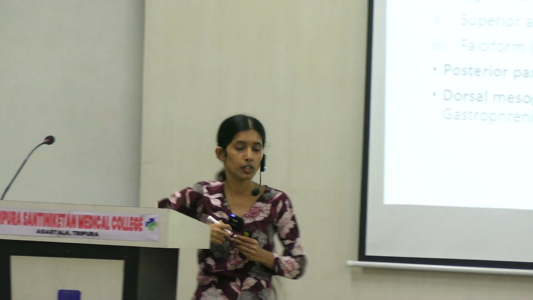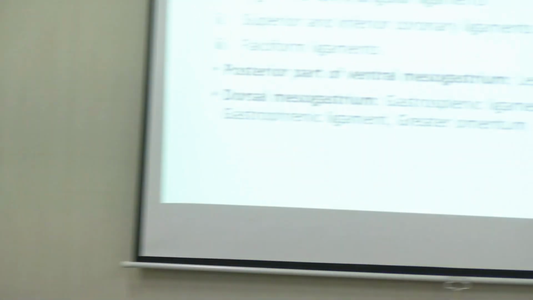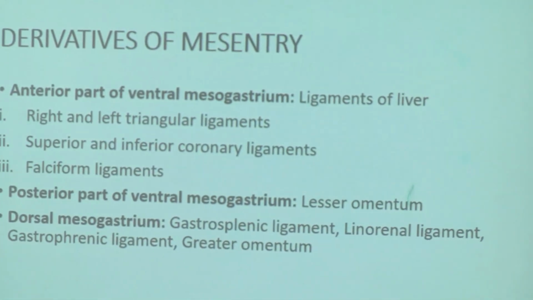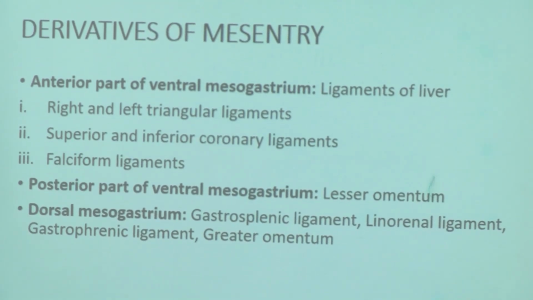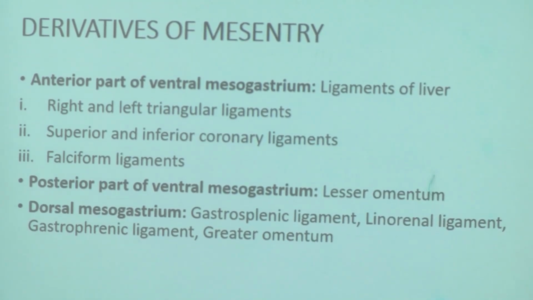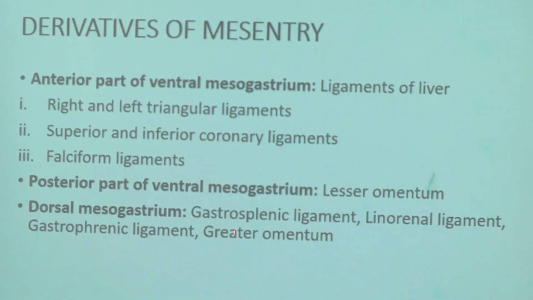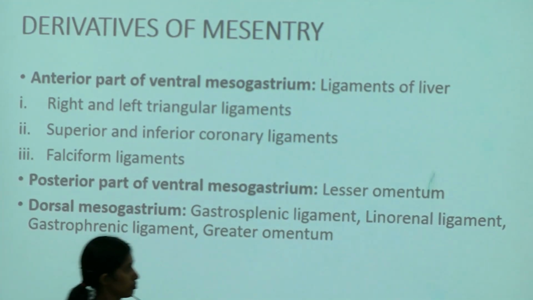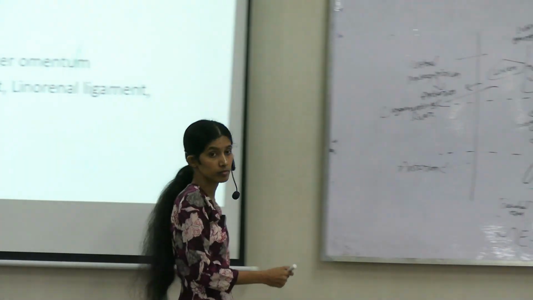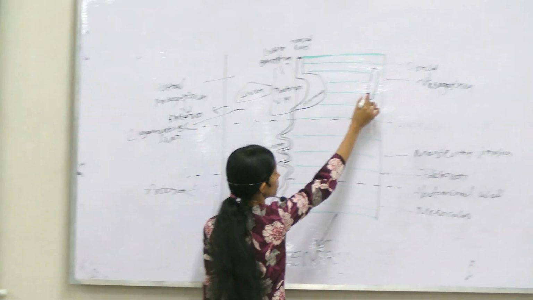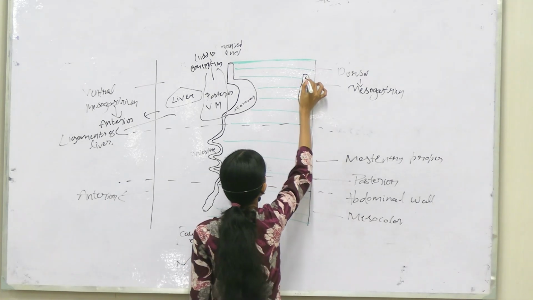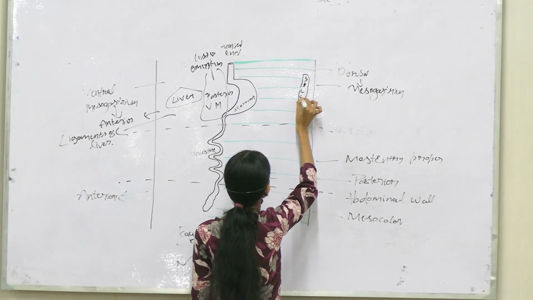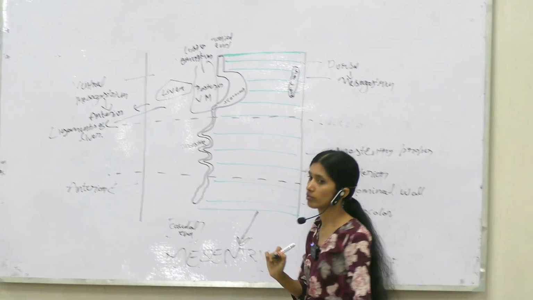Next we have dorsal mesogastrium. We have gastrosplenic, lienorenal ligament, gastrophrenic ligament and greater omentum. Now tell me where we can see all these four ligaments in that structure. And what is this? Spleen. Okay.